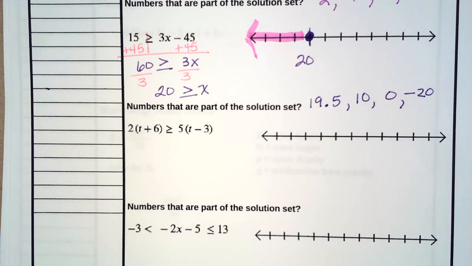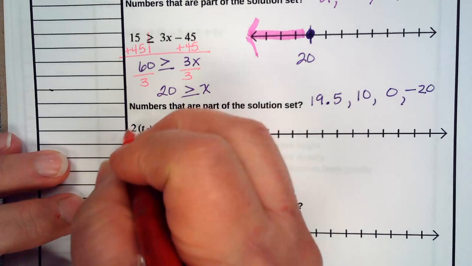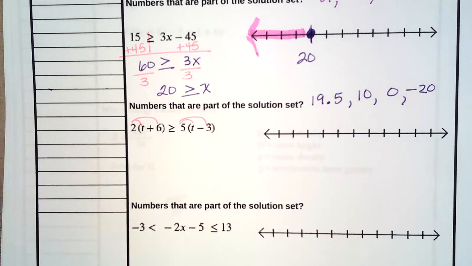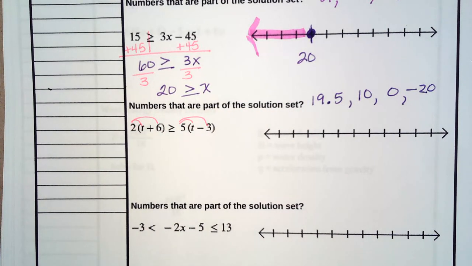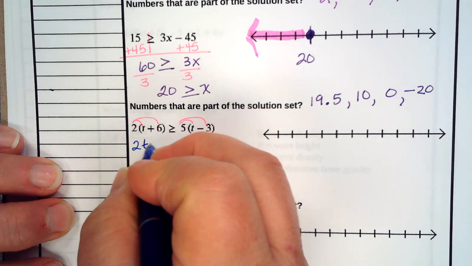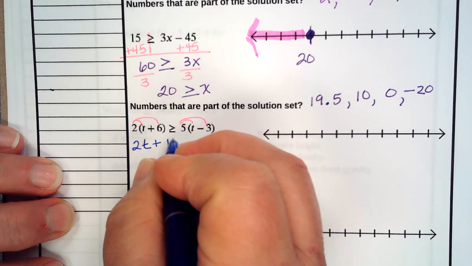Okay, so looking at the next one, just like we did with a regular equality, we need to distribute first. So 2 times t is 2t, plus 2 times 6 is 12.